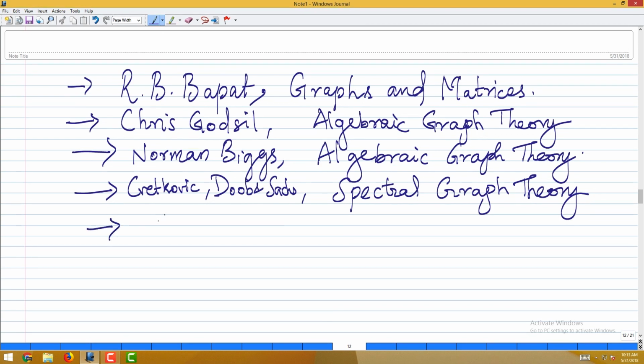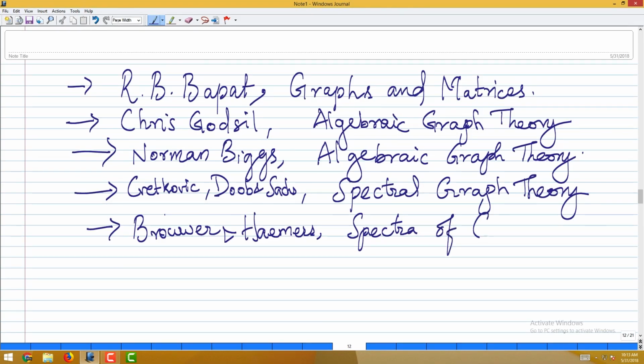And there is another by Brouwer and Haemers, Spectra of Graphs. So, this Spectral Graph Theory, I think was also called Spectra of Graphs. I do not remember the book title by Cvetkovic. It is also Spectra of Graphs, right, ma'am? Or is it Spectral Graph Theory? Even I do not remember, but you can look at one of the two titles.